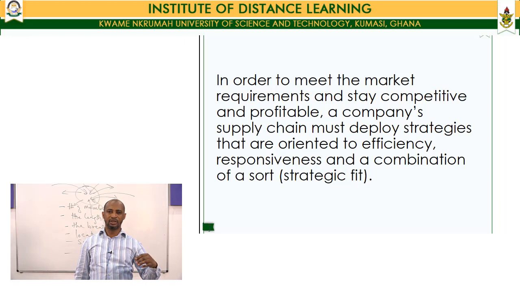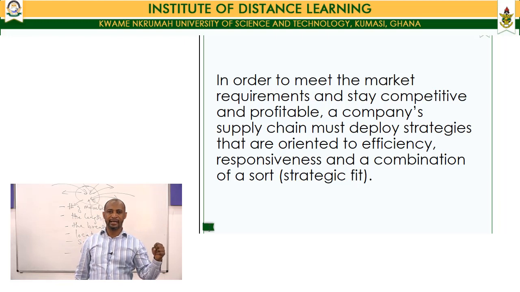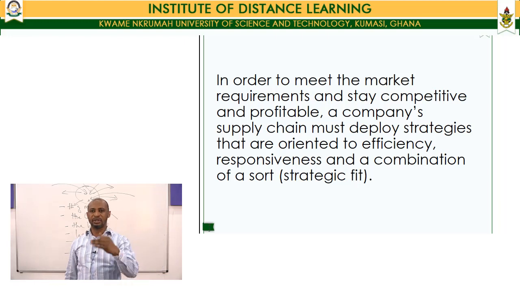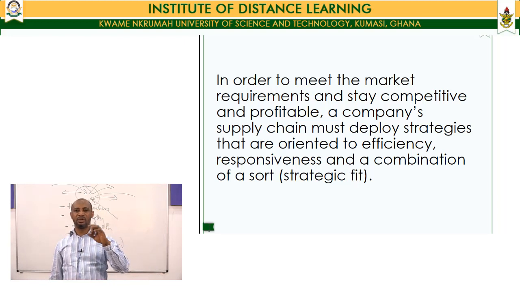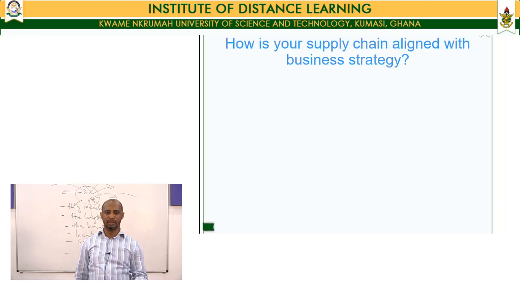So an organization has a long-term position. It wants to be somewhere. It must do so by ensuring that it is able to meet certain market conditions, certain process conditions, and this must be supported by the supply chain. If the supply chain doesn't support it, then the supply chain has not achieved its aim, and we can technically say it is useless.